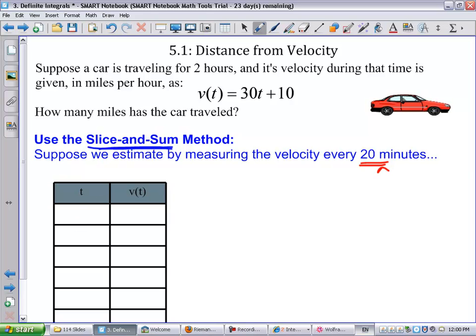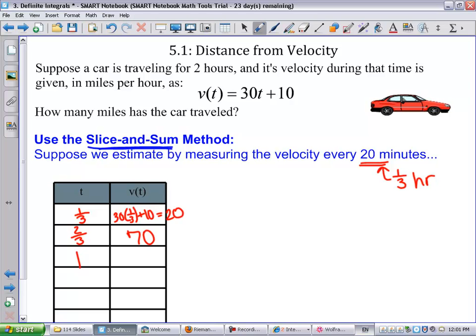So 20 minutes is really a third of an hour. So after 1/3, the velocity is going to be 30 times 1/3 plus 10, which is 20. After 2/3, it's going to be 30 times 2/3, so 60 plus 10, so 70.